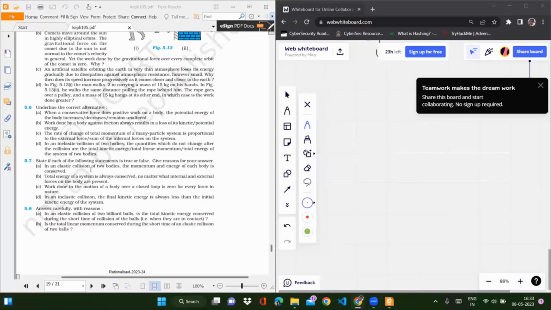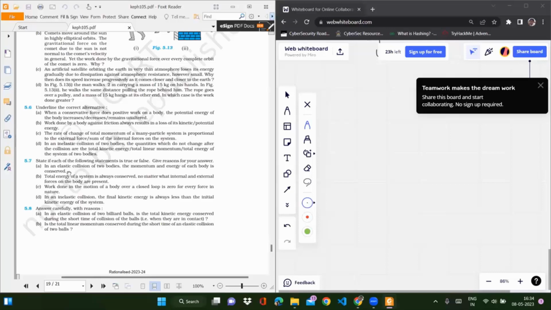For an elastic collision of two bodies, the momentum and energy are conserved, but here actually it is asked about the momentum and energy for each body. If it had asked about the system, then definitely our answer would have been true. This kind of confusion might occur sometimes, but we have to clearly check what the question asks.